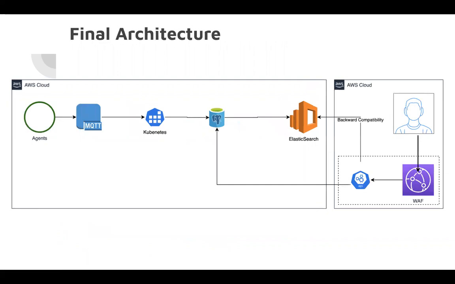Once the agent has been deployed and everything is fine, and we determine that all the data is flowing in and everything is okay, the old architecture will be replaced with just the new architecture with MQTT, Kubernetes, and Postgres.